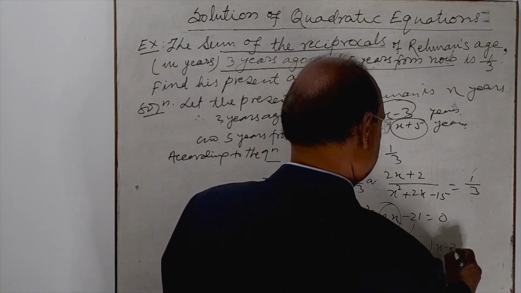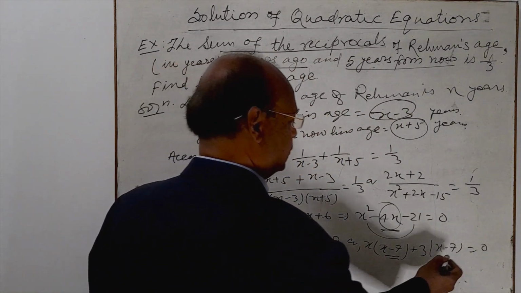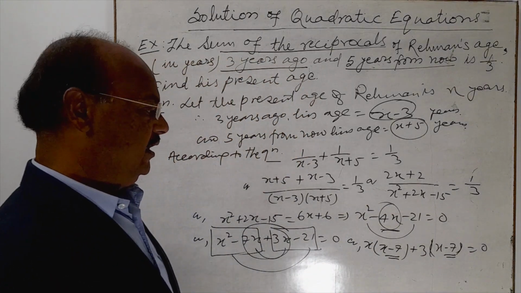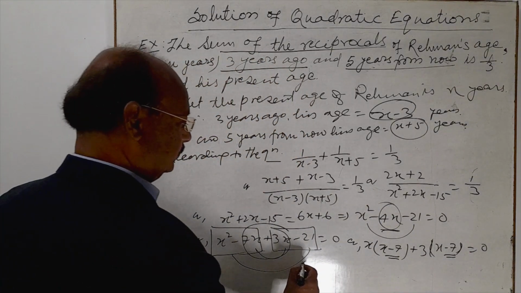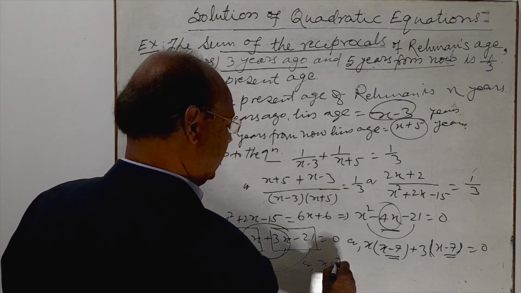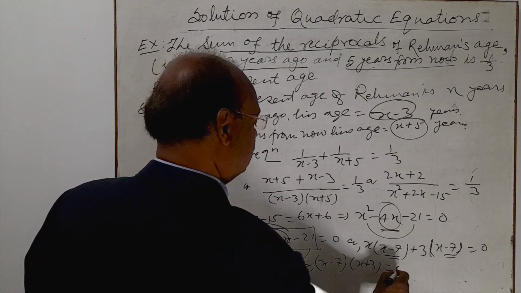Here x minus 7 is equal to 0. You see, these two expressions should be the same. X minus 7 is available in both terms, so x minus 7 will be common, and here x plus 3 is equal to 0.